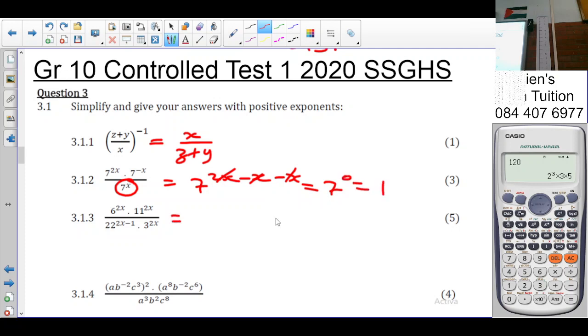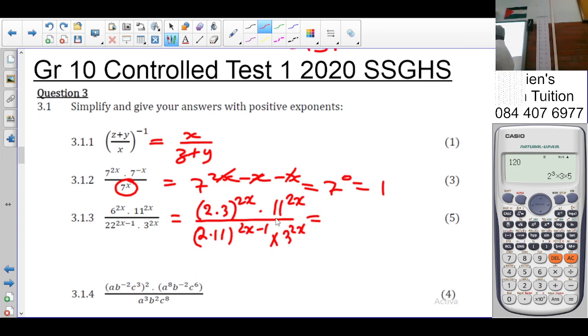The next one, we need to break up 6 into products of its prime factors. Say that's 2 times 3 raised to the 2x times 11 to the 2x over 22, which is 2 times 11 raised to the 2x minus 1 times 3 to the 2x.